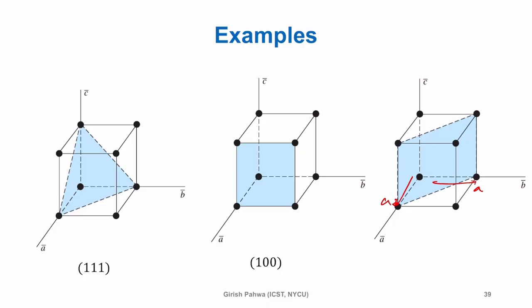You can assume A B C also. What about the intercept on this C axis? There is no intercept, infinity. So A, A, infinity, right? So 1, 1, infinity. Take the reciprocal, 1, 1, 0. Leave it here because you don't have to multiply with the LCM in this case. Okay, so Miller indices is 1, 1, 0.